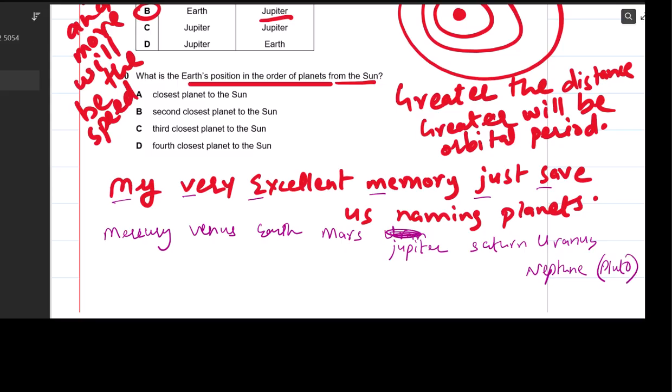So what is the Earth's position in the order of the planets from the Sun? The Sun is somewhere here, so first, second, and this is third. So Earth is the third closest planet to the Sun.